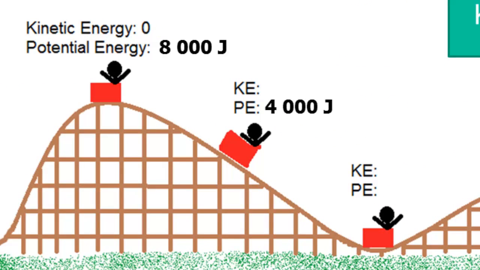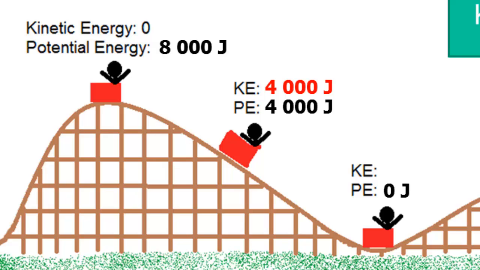Now when it's halfway down, it's only got 4,000 joules, which means that 4,000 joules has been converted into something else, actually into kinetic energy. So there are 4,000 joules of kinetic energy now, halfway down. When it gets to the bottom, there's no potential energy. It's at the 0 reference point.